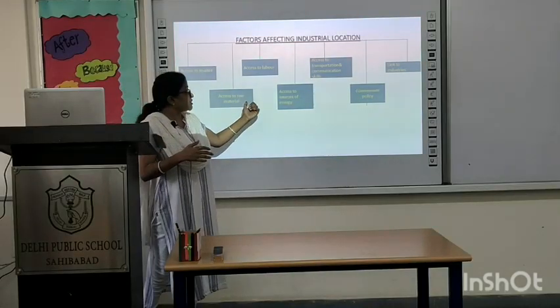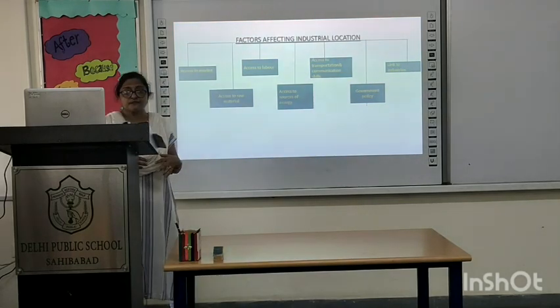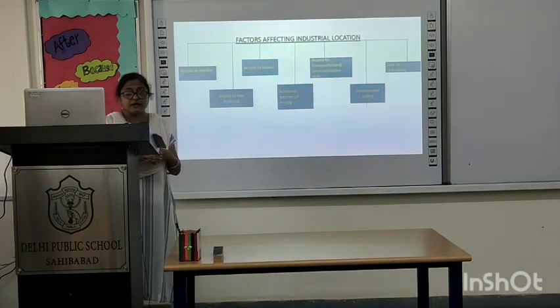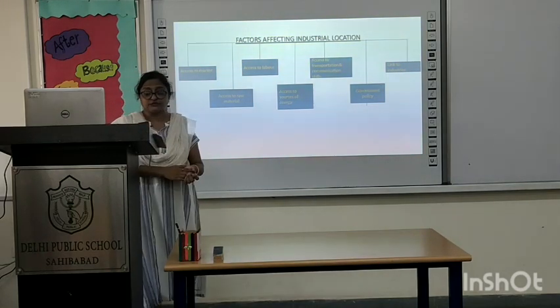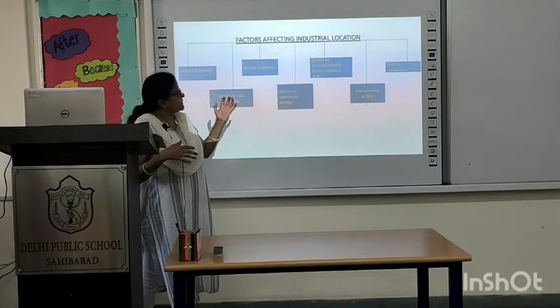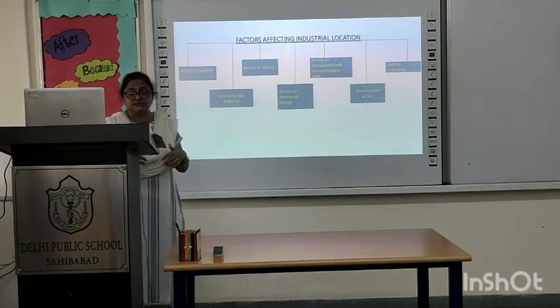Let's come to another point, access to sources of energy. Industries which use more power are located close to the source of energy supply, such as the aluminum industry. The next important factor is access to transportation and communication systems.